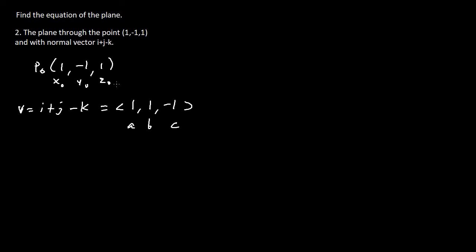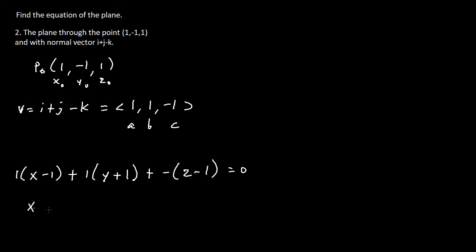So once again, the formula is going to be a, so that's 1 times (x minus x naught, which is 1), plus b, which is 1, and once again, times (y minus y naught). So if y naught's negative 1, then we basically add 1, and then plus c, which is negative 1, times (z minus z naught, which is 1). And that's going to equal 0.